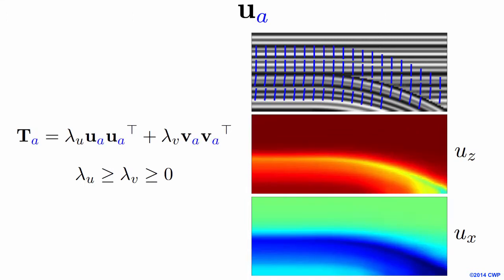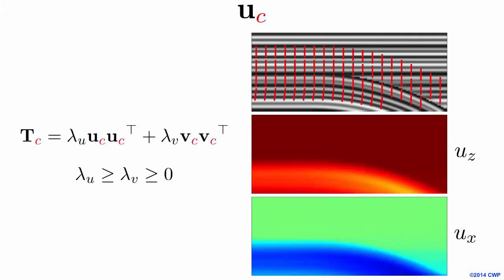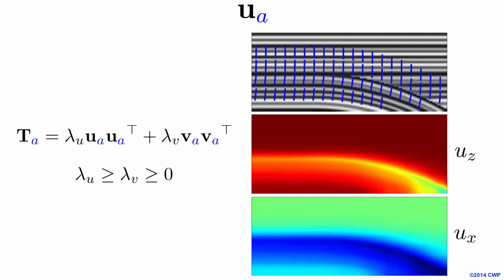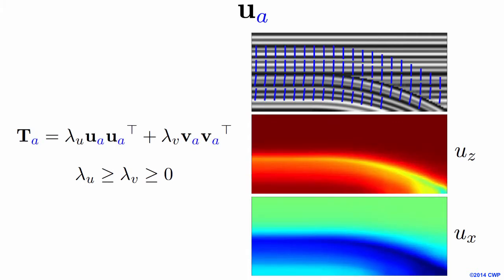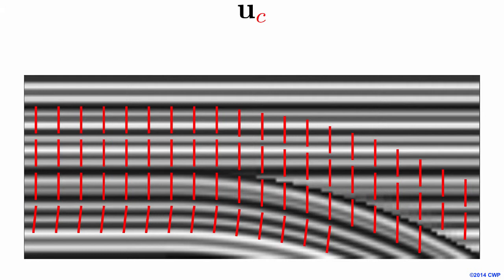Now if we observe these two vector fields, we can see that the two components of UA are shifted above compared to the two components of the vector field UC. Now let's look closer at the differences between these two vector fields UC and UA. Again, the red segments shown here represent the seismic normal vectors UC.